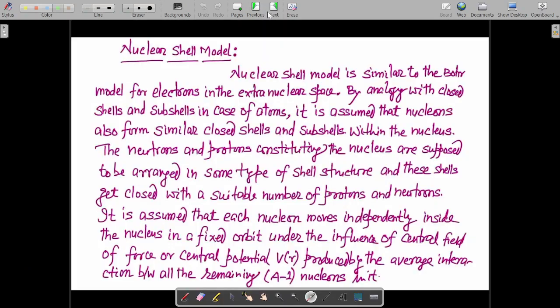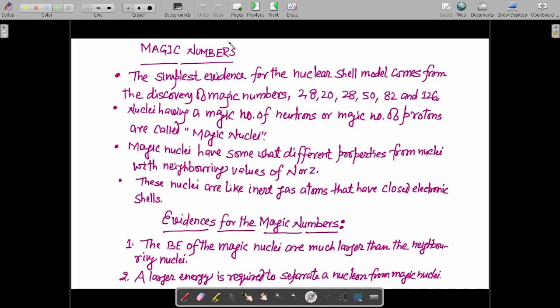Now we will learn about magic numbers. What role did the nucleus play inside the atom? The nucleus played the role of providing central force to the outside electrons for revolving around the nucleus.